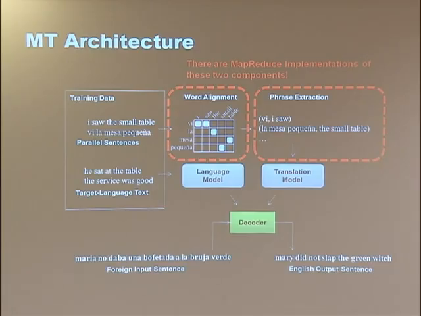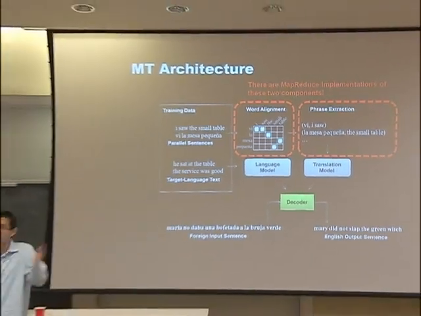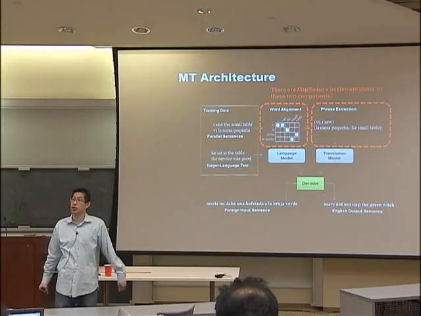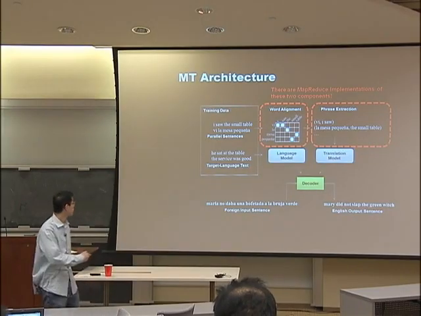There's more math involved, but at the end of the day, it's a large counting problem. It's a large counting problem where you see words in English and words in French, and you've got to make some inferences about co-occurrences. Right? So the math is a little bit hairier, but it boils down to exactly those techniques we talked about before.